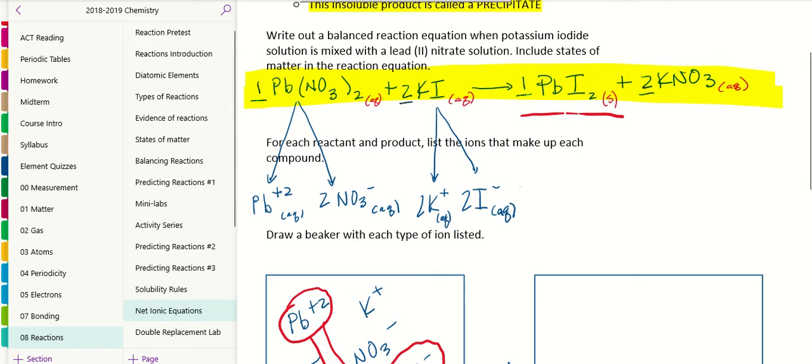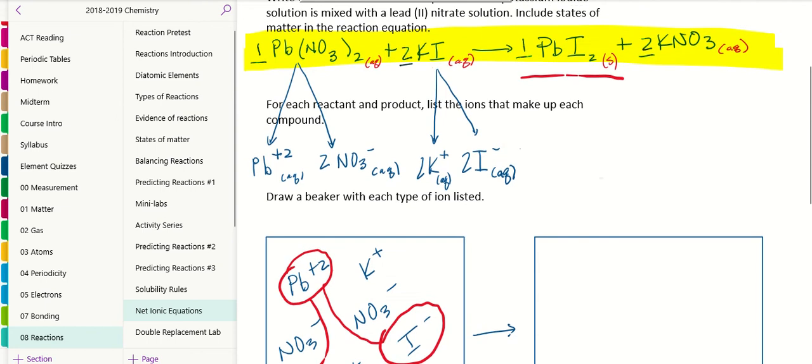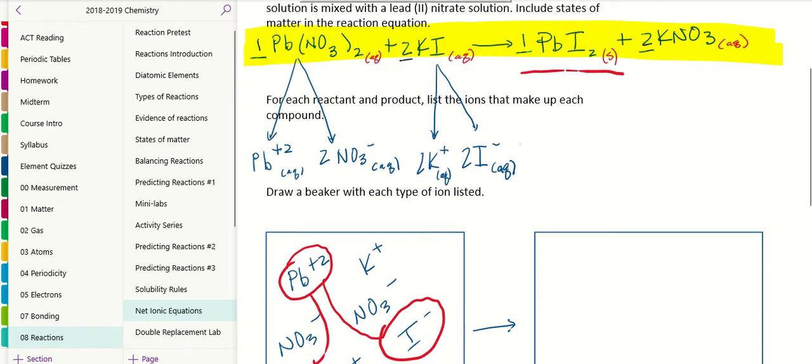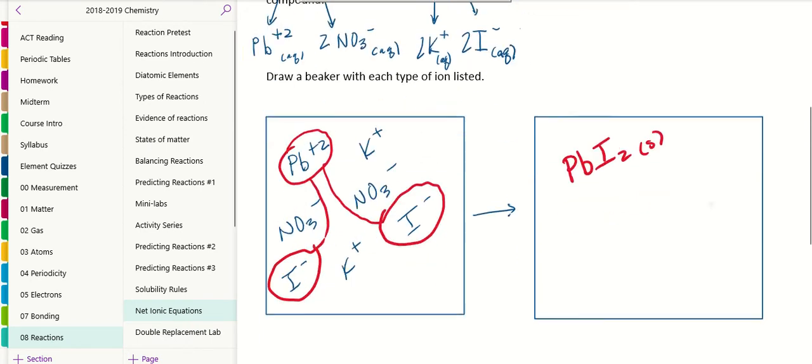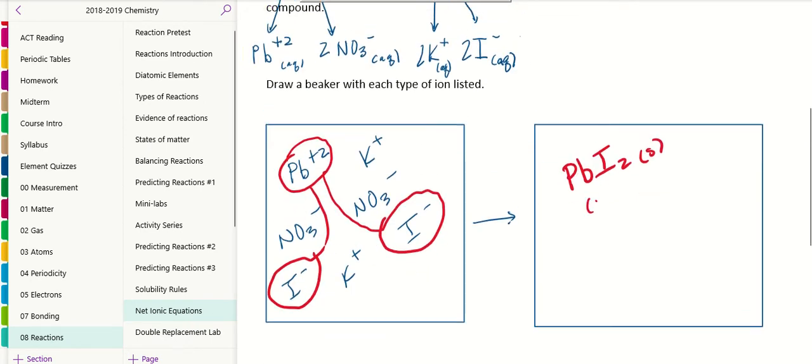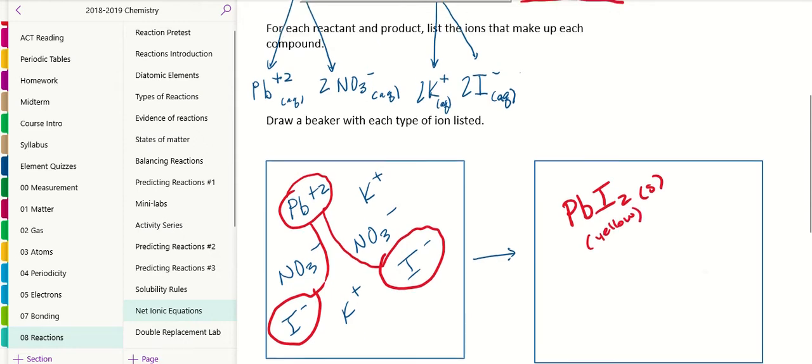So, here we form lead 2 iodide solid. PbI2 solid is now in your solution, floating all around. The yellow precipitate. And what else? What happened to the potassium and the nitrate?